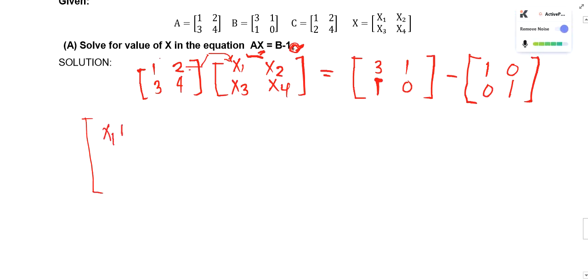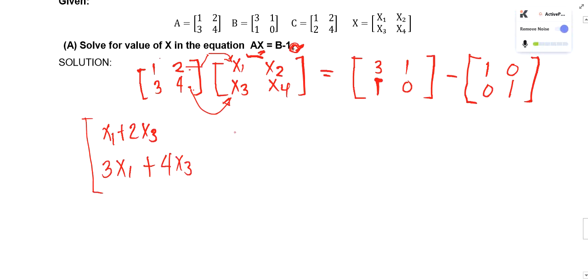So, that is X1 plus 2X3. So, yung magiging element naman natin sa second row of the first column is the product of our second row ng A, and then yung column pa rin ng ating X. So, meron tayong 3X1 plus 4X3.